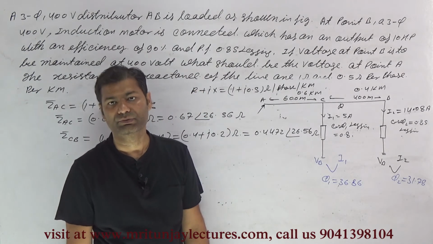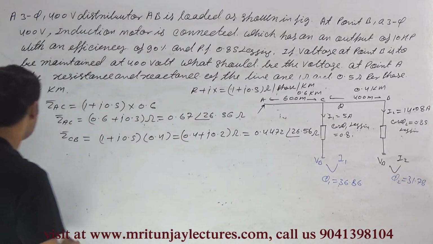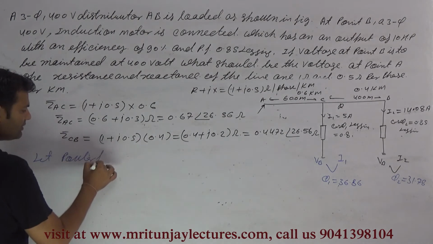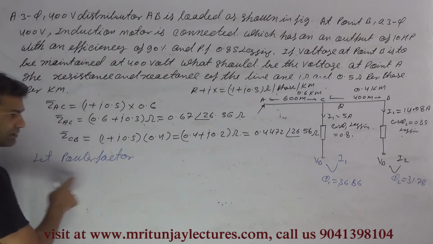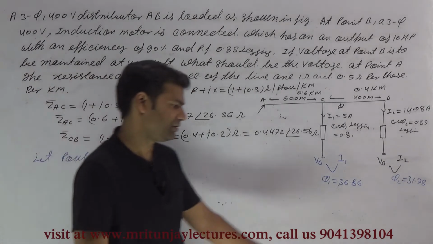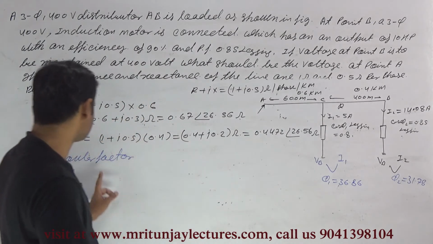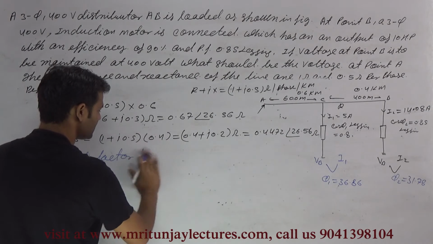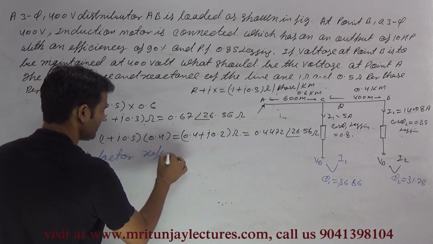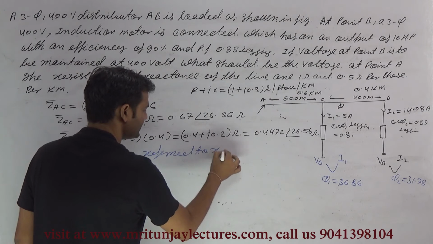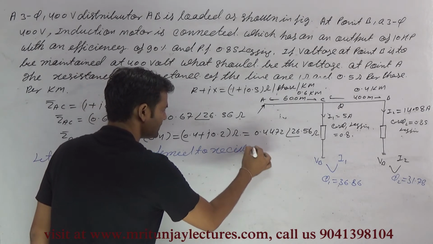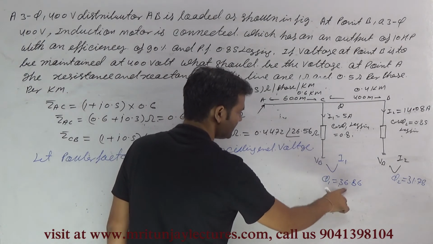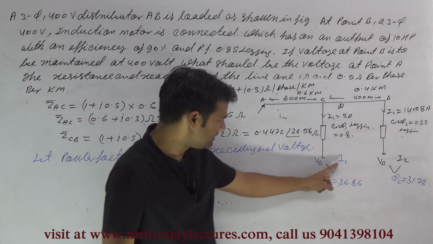In a subjective exam, always mention the power factor. Let the power factor refer to the receiving end voltage. If you take the receiving voltage, then it is VB and I1.